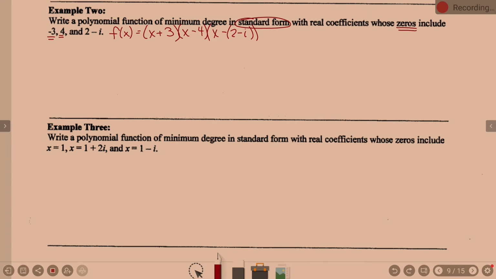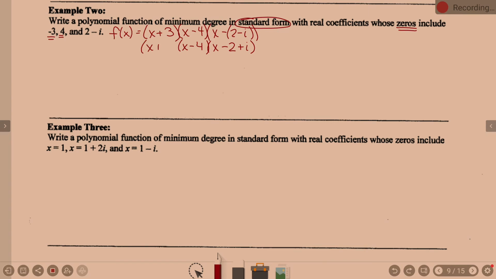For starters, because we're beginners here, I'm writing it as x minus the quantity 2 minus i. If you distribute that minus, it's going to be x minus 2 plus i. And when we get to the multiplying step, this is the form you're going to want to have it in. As you become pros at this, you might want to skip the extra parentheses and just go straight here.